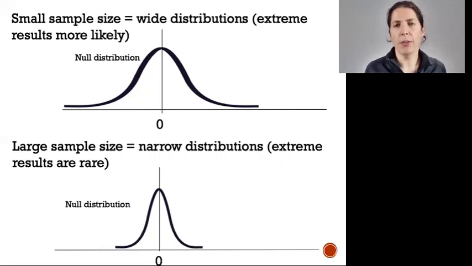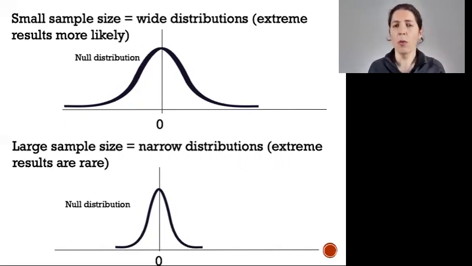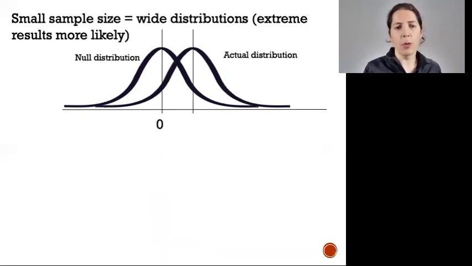Now, what does that have to do with statistical power? When we're talking about statistical power, we're talking about the right column world where there really is an effect there. The null is false. We're actually not drawing our study results from the null distribution. We're drawing our study results from some other distribution of the actual effect that is not zero. So you introduce an actual distribution that's not centered around zero.